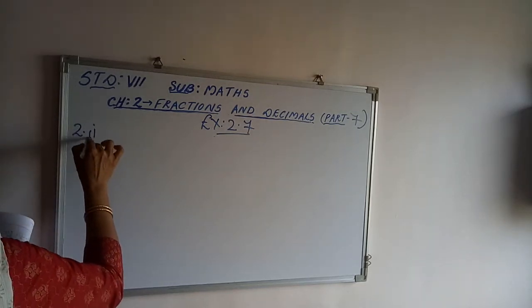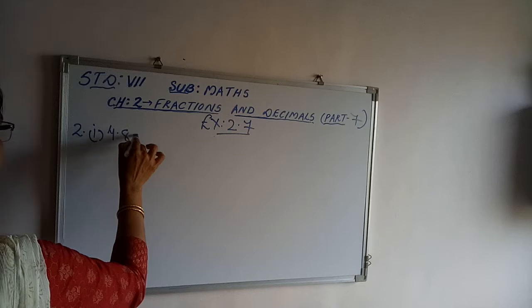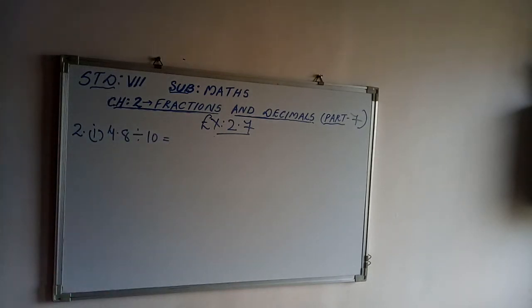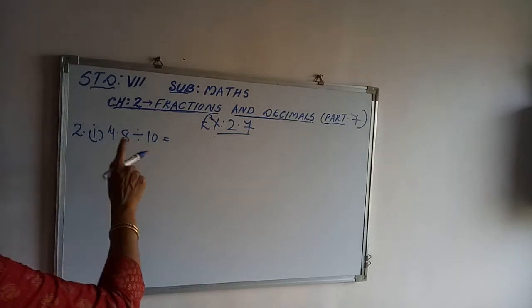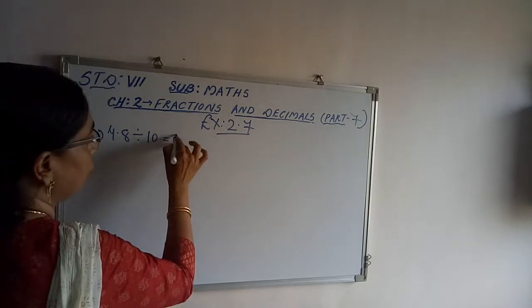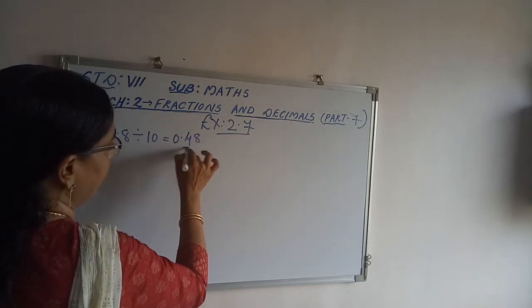First question. 4.8 divided by 10. I told you division by 10 means you have to shift the decimal point towards the left by how many places? One place, as there is only one 0. So shifting this decimal point to the left by one place, 0.48 you will get. Okay.